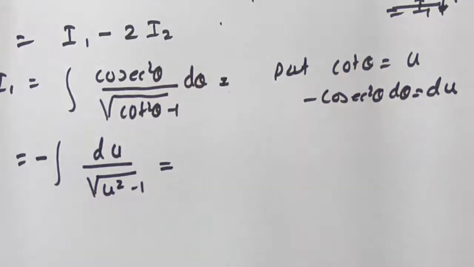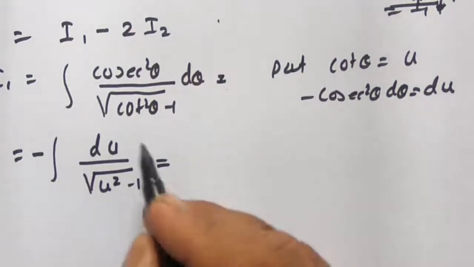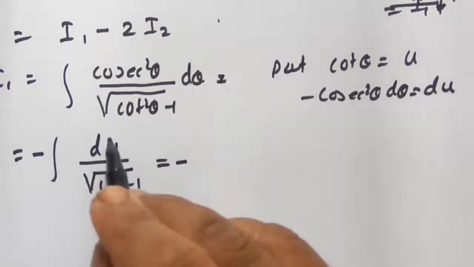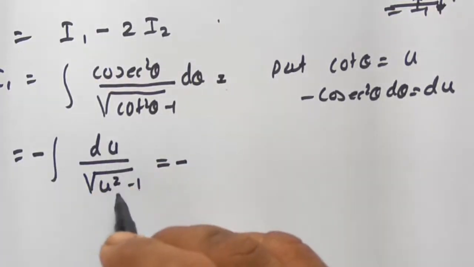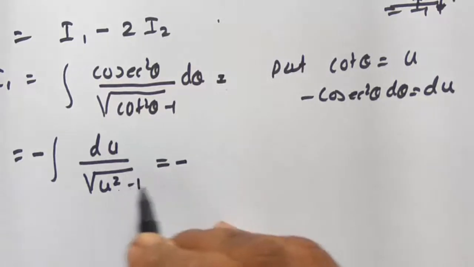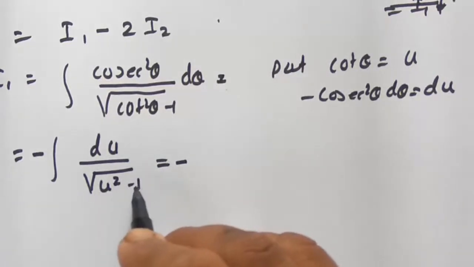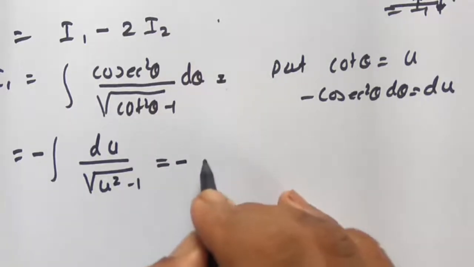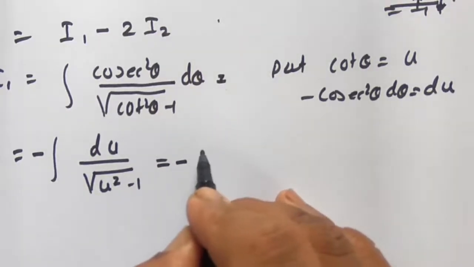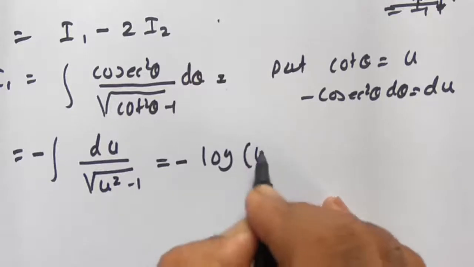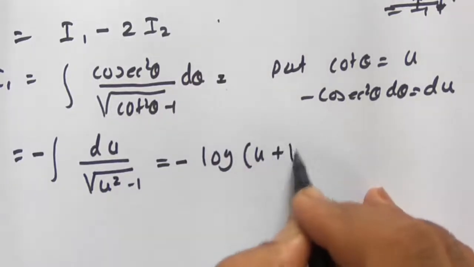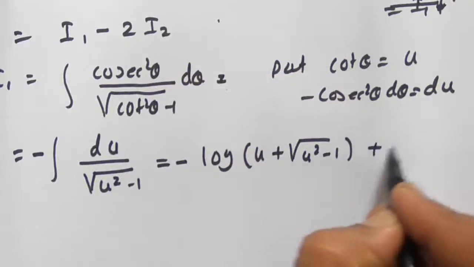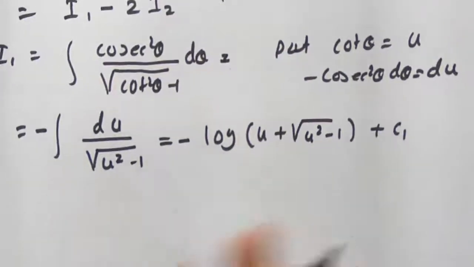We know the formula: the integration of dx upon under root of x square minus a square is log of x plus under root of x square minus a square. Using this, it is log of u plus under root of u square minus 1 plus some constant, we call it c1.